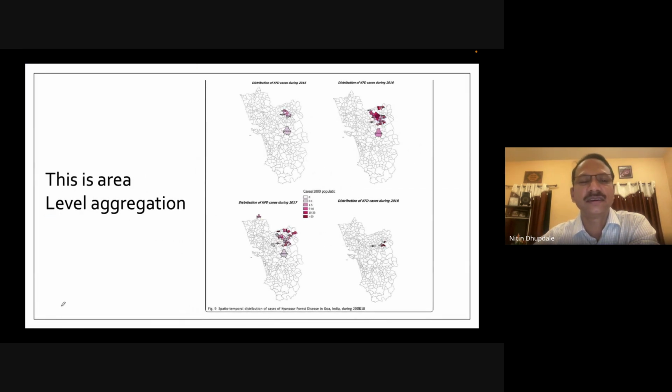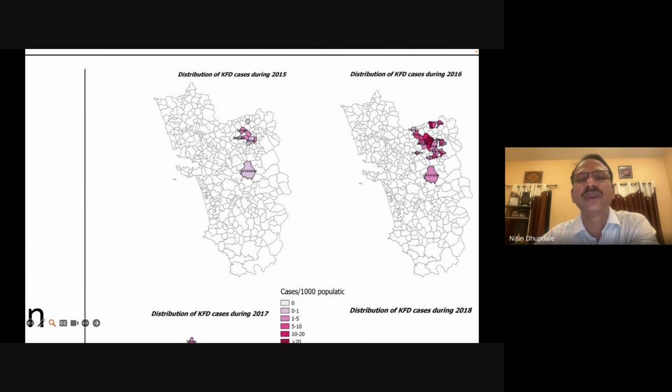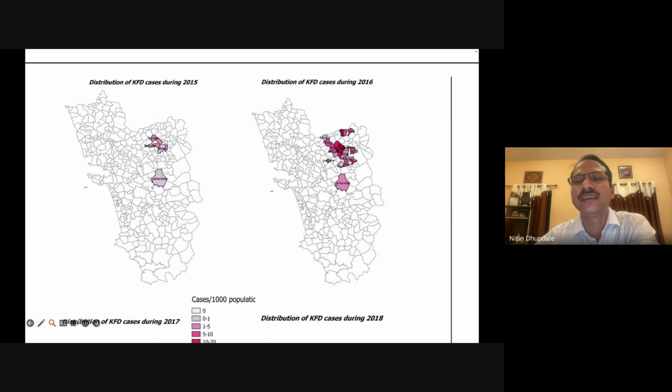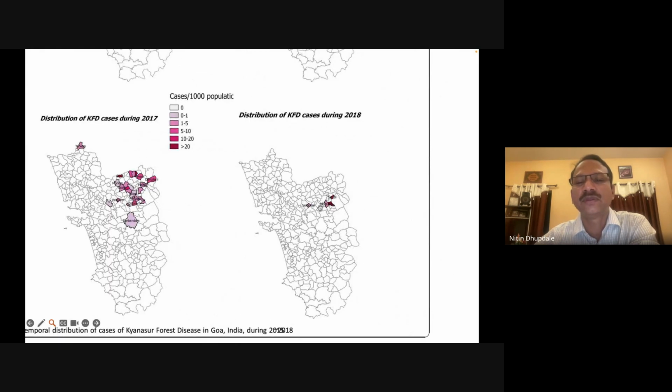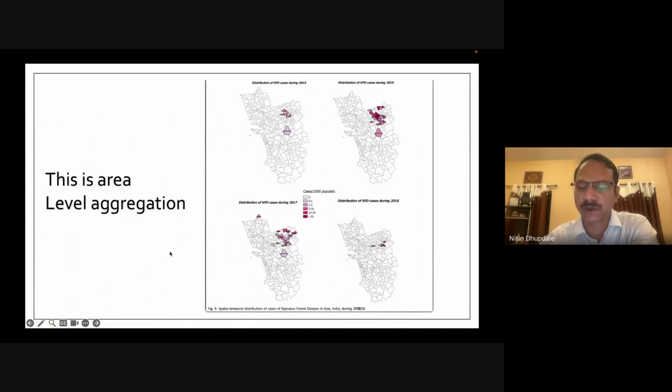Then the aggregate level data I told you about: you can see the aggregate data here. These are the various villages where the cases were found in 2015; in 2016 it increased, in 2017 it spread further, and in 2018 it came down. So this is an aggregate level data display.